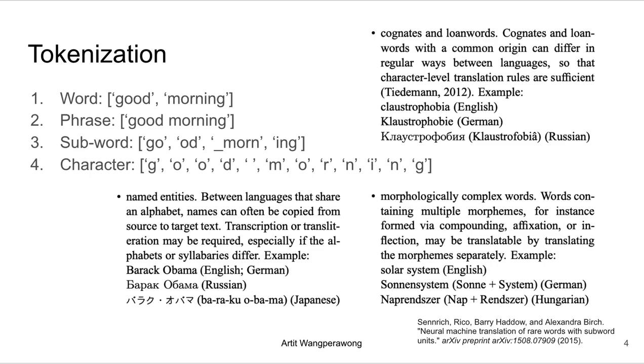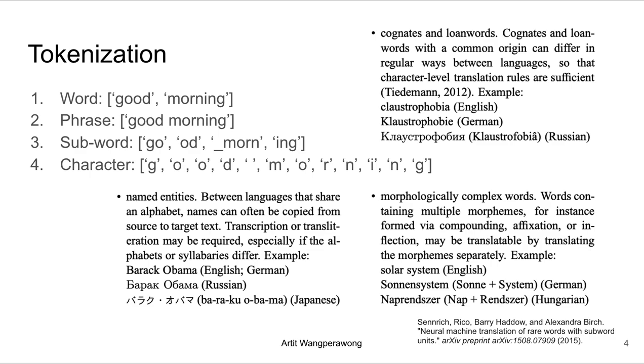We will mainly focus on subword tokenization because it has been shown to be very effective in pre-training our models for natural language processing. And the reason why it is so effective, I've listed 3 reasons here, and there are more which we'll cover. The first one on the bottom left is named entities.